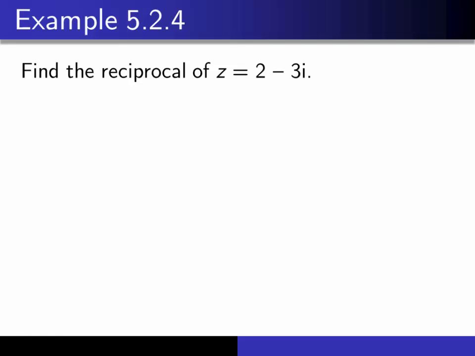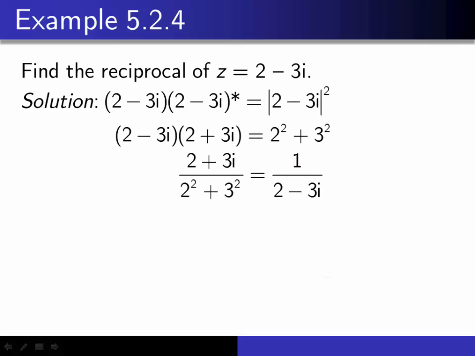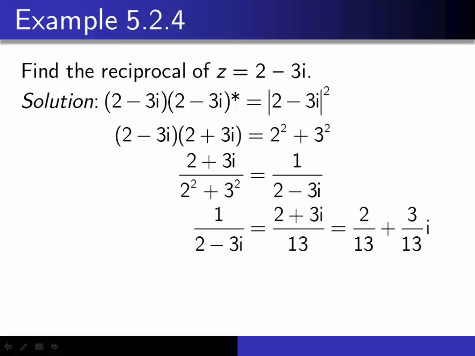So if you recall from one of the first few examples, what we did is we multiplied the denominator. Okay, maybe let me just write in pen.